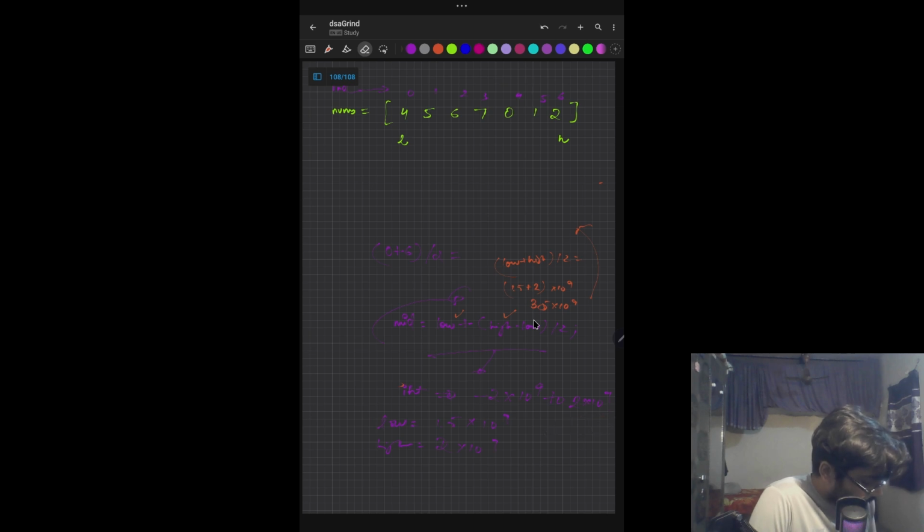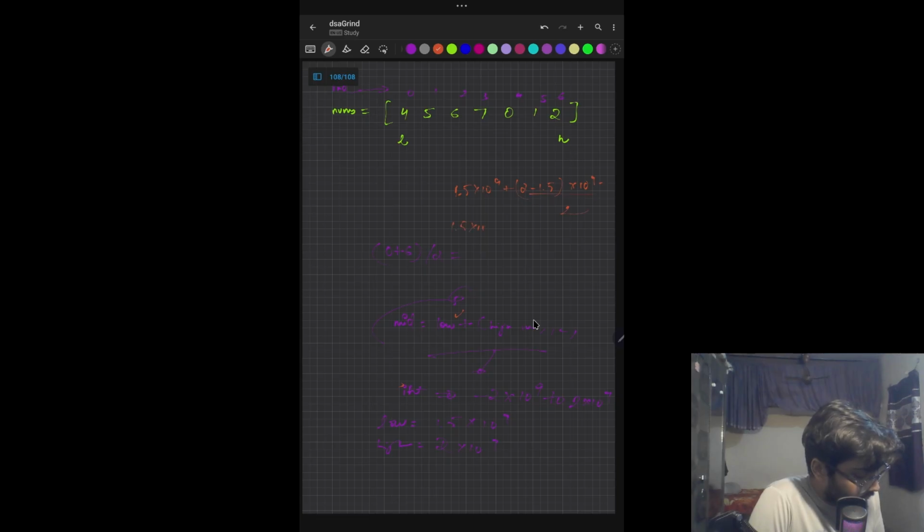And how this formula prevents it: if low is 1.5 into 10 to the power 9, and high is 2 into 10 to the power 9, then low plus (high minus low) divided by 2 gives 1.5 into 10 to the power 9 plus (2 minus 1.5) into 10 to the power 9, divided by 2.